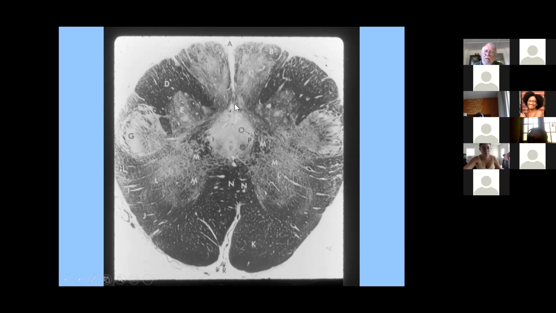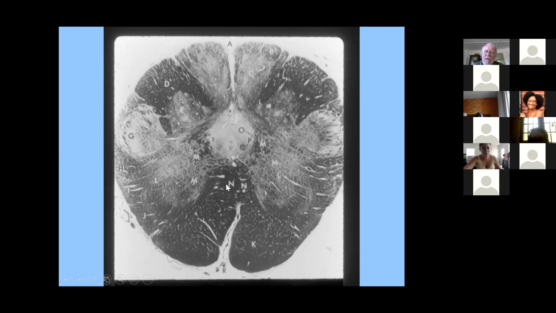But what's happening? These gracile and cuneate nucleus fibers course around the central canal and pericanular gray and go around that, and you can see M all the way around here and M all the way around here. They come and they decussate right under the central canal to form the medial lemniscus.